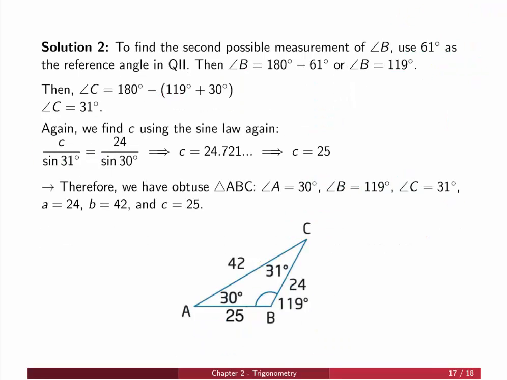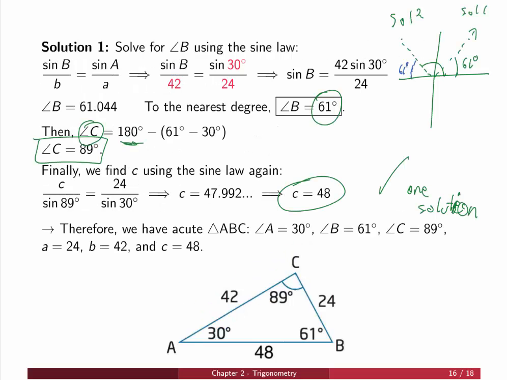To find the second one, you're going to consider it like it's in quadrant 2, like that picture said. Sorry, I meant find the actual angle. You know the reference angle is 61, and to find this angle, you're going to go 180 minus 61.